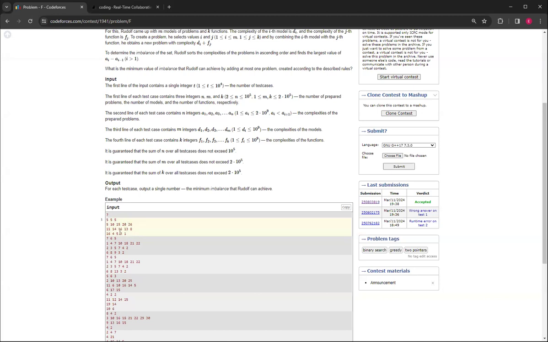You could do 16 and 8, which gives 24, and that splits this gap. Then the next largest gap would be this 5.